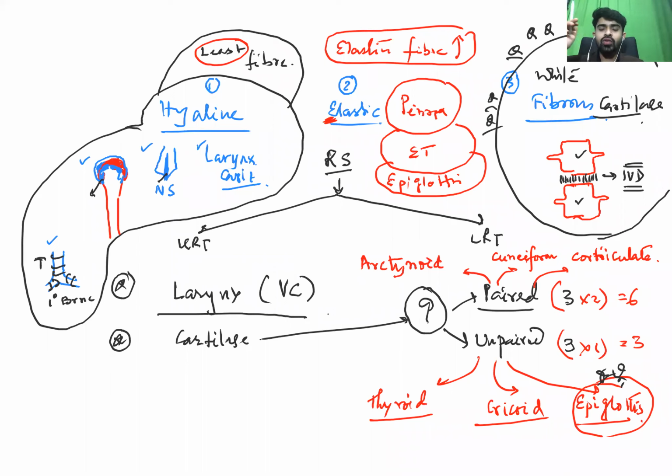No. So movement is not dependent on whether a structure is made up of cartilage or bones. Any structure can move even if it is not made up of cartilage. Clear? Yes, sir. Okay, all right.